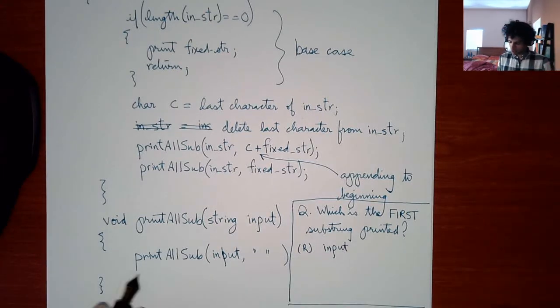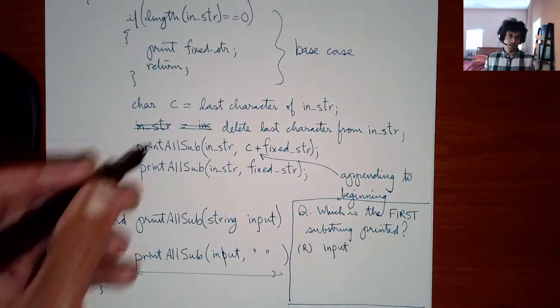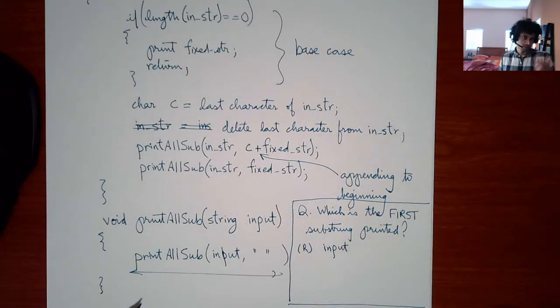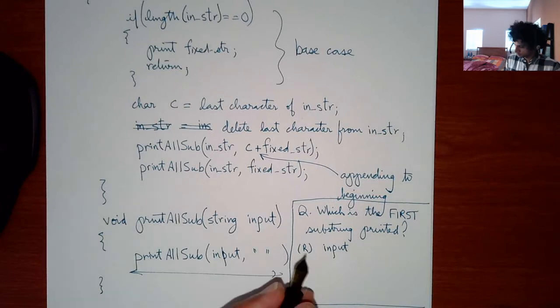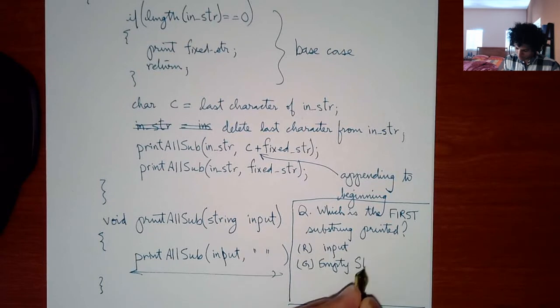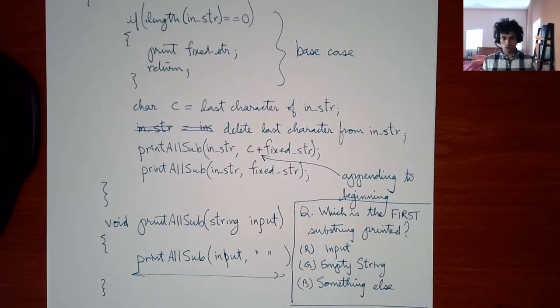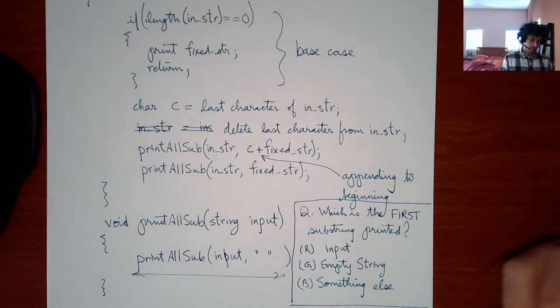I'm making this function call on the input, and it's going to call it on some substring. The substring could just be all of input. Is it the empty string? Or is it something else? I'll launch the poll. Is it the input? Is it the empty string? Or is it going to be something else? I'll give you a few minutes to answer that question.